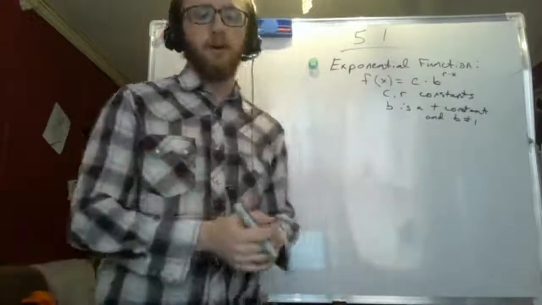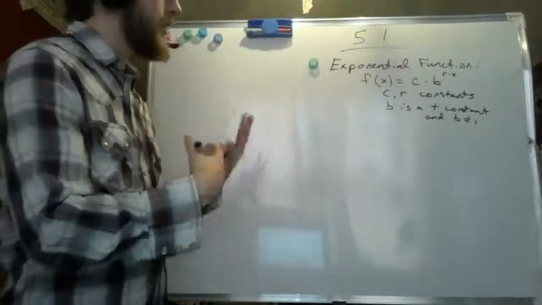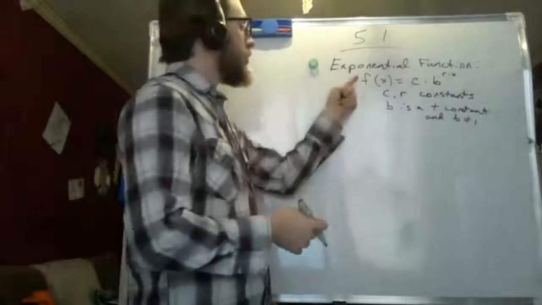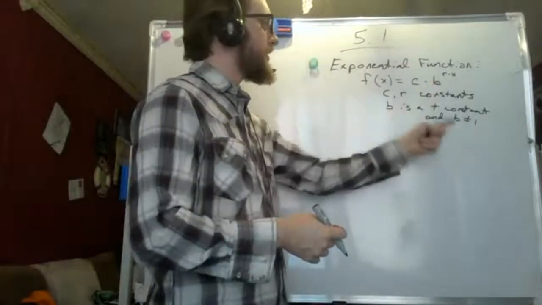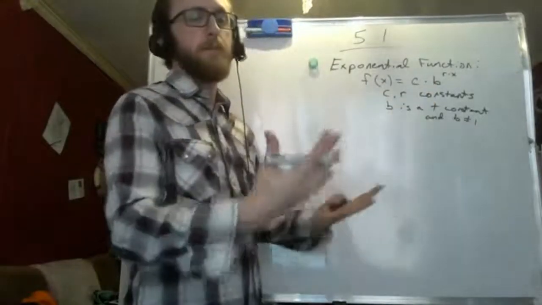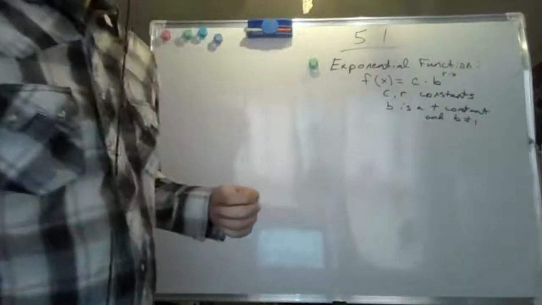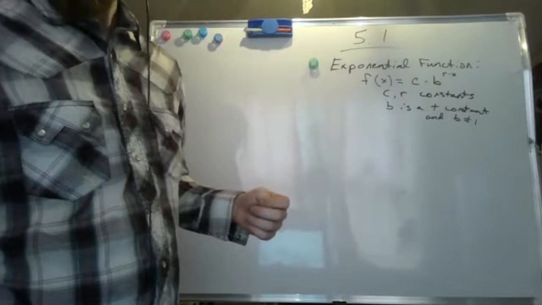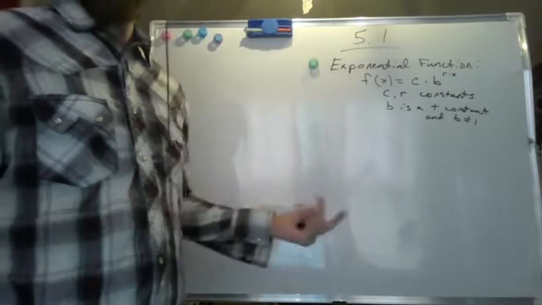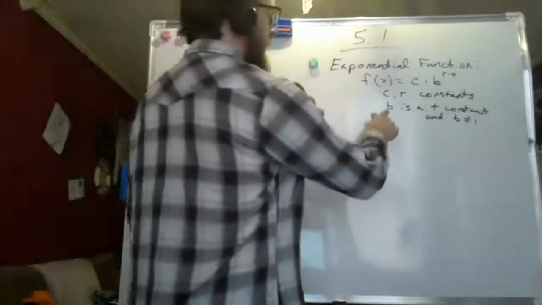We've already talked about constant functions, so that doesn't really bring anything new. So we're assuming that b, in this sense, is not equal to 1, but it's some positive number. So that's an exponential function, and we say that this is an exponential function with base b.